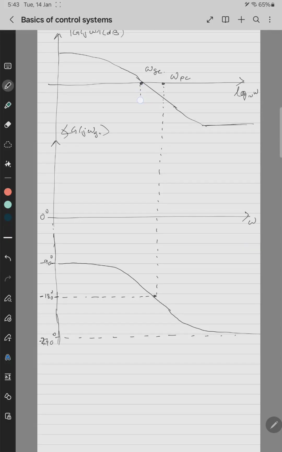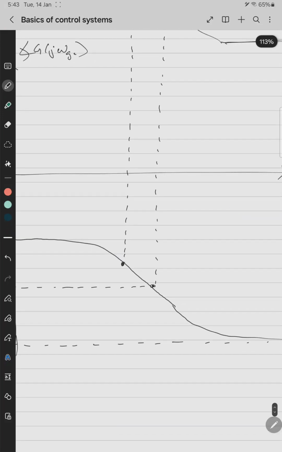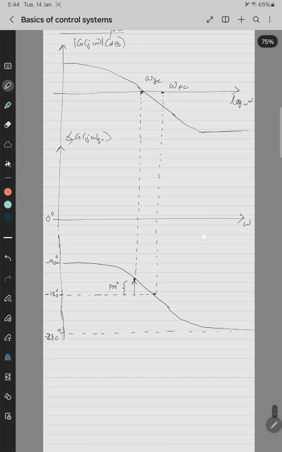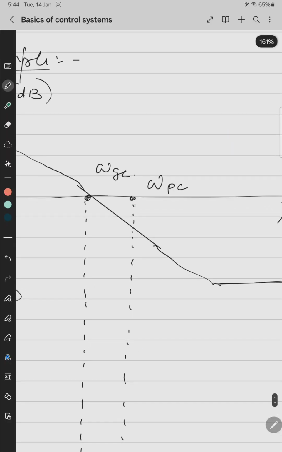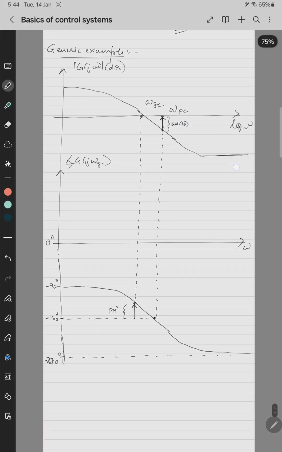Then at gain crossover frequency, extend this graph down and see where it cuts the phase plot, and see how much it is above the minus 180 degrees. So this will be the phase margin in degrees, and similarly this will be the gain margin in decibel. So this is the classic generic example of it.